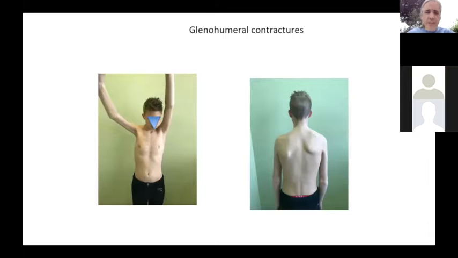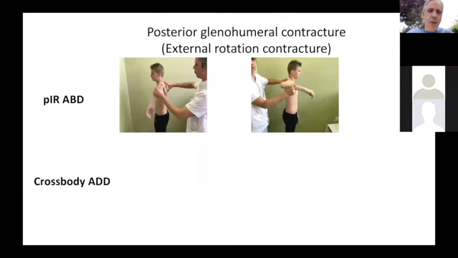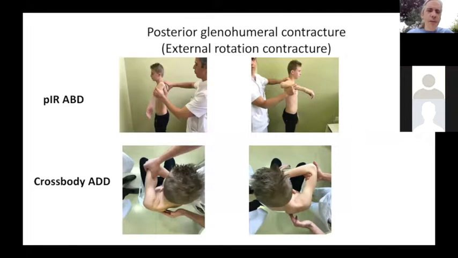So let's see this kid with Sprengel deformity. When we checked these children, we saw a statistically significant decrease of the passive internal rotation in abduction and in the crossbody adduction. So there is an external rotation contracture that maybe is not clinically important.